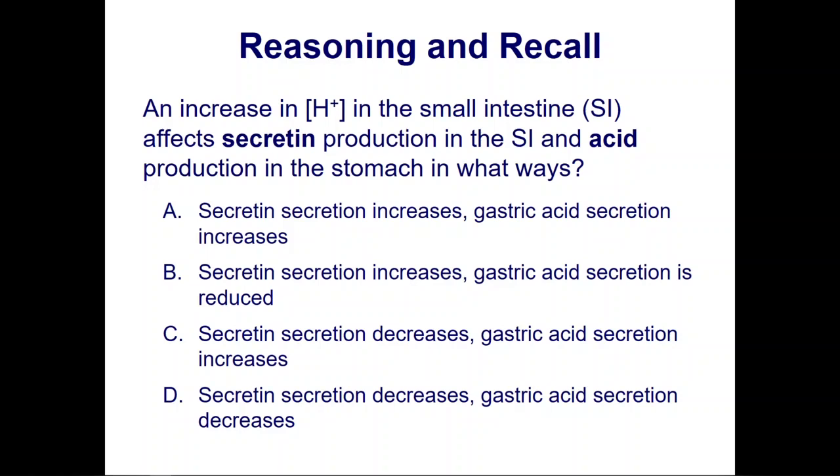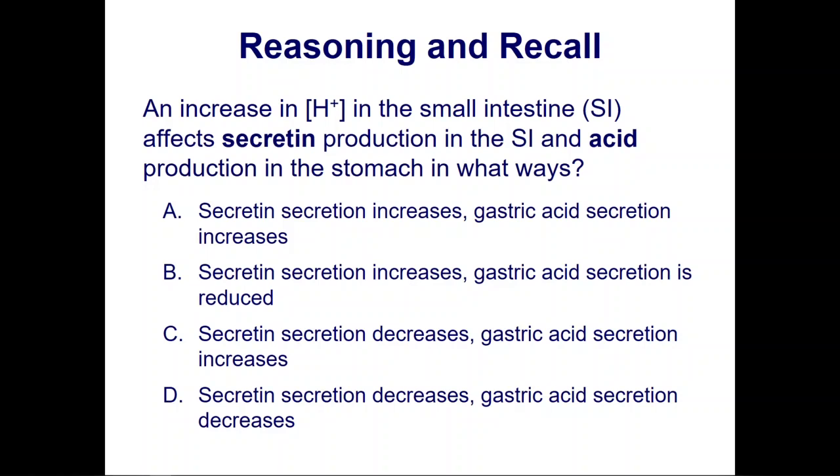If there's acid getting into the duodenum, or distension, secretin will travel as an endocrine effect to the stomach and reduce acid secretion. So if there are too many protons in the small intestine, secretin secretion will go up or increase, which is A, and gastric acid secretion should decrease.